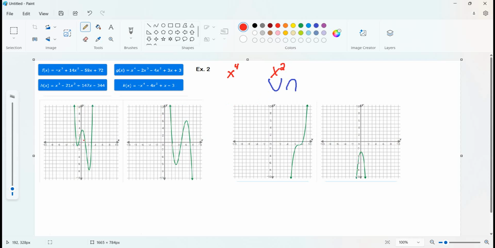This could have a bowl shape, but then it has another bowl shape. So these can have different shapes to them. They would look something like that, or kind of like a W, and this is opening upward. So this one is positive, because as you look at these arrows, it's going up, up, up at each end.